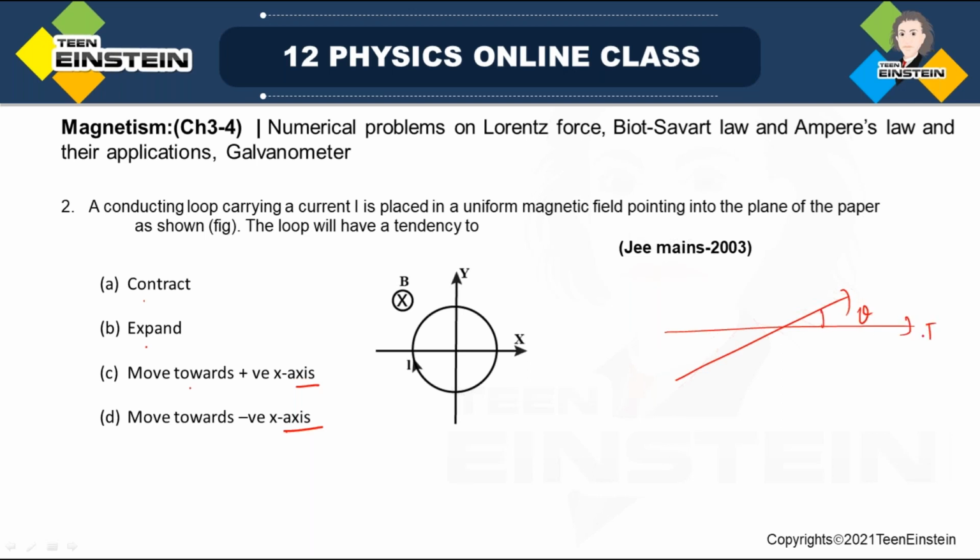This is I, this is B. So in such case, this is a current carrying wire.